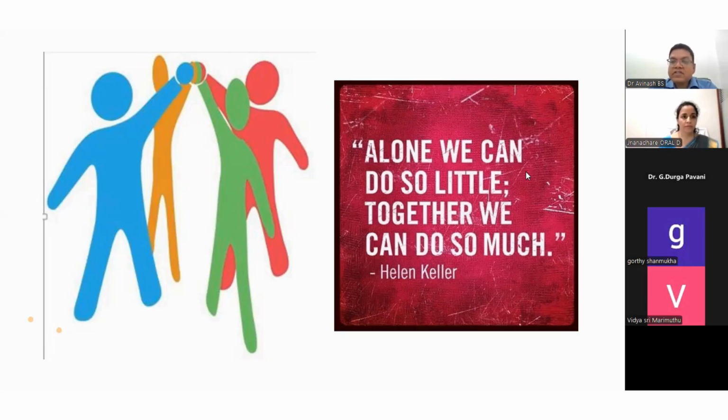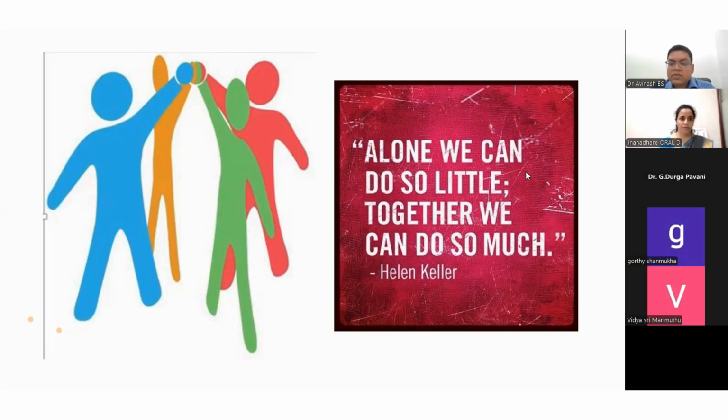So in such cases, what we have to do is raise the flap and see. Then place the crown or retain the same crown, but do an apically displaced flap or even a gingivectomy. 1 or 2 millimeter of gingivectomy can be done so that it doesn't further encroach the biological width and it can be maintained.